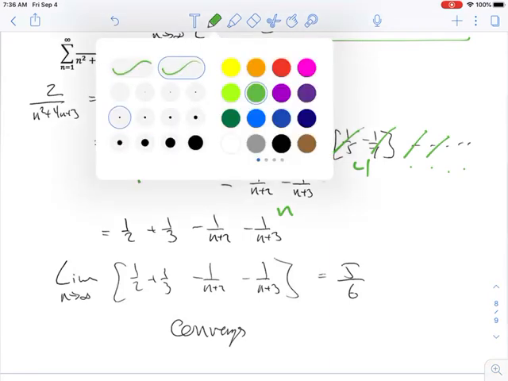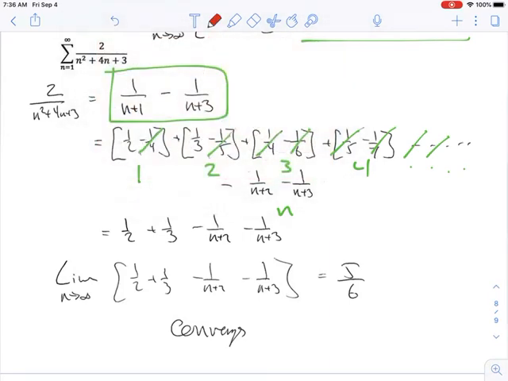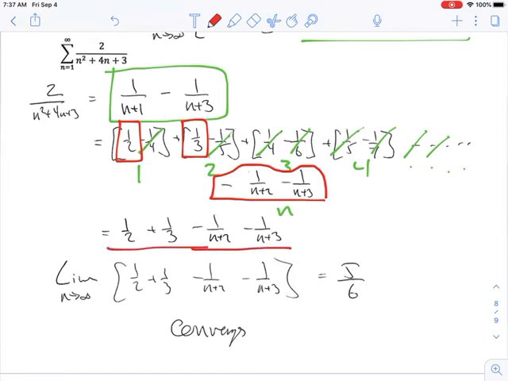But what is not going to cancel, and again, do this out a few more terms and you will see, are these two terms at the beginning. And then what you're going to see at the end is that a couple of terms at the end do not cancel out. And that's the tricky part, going all the way to the end and determining which terms are not going to cancel out. So this is what we end up with.